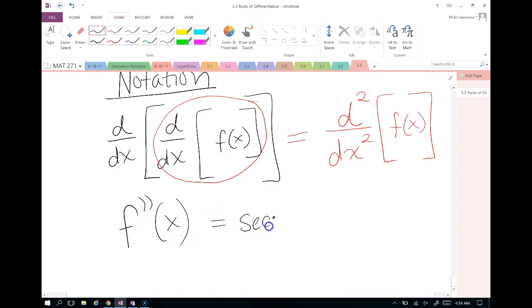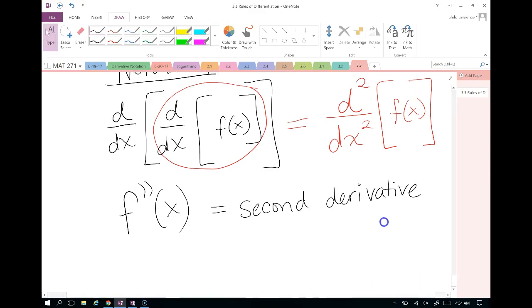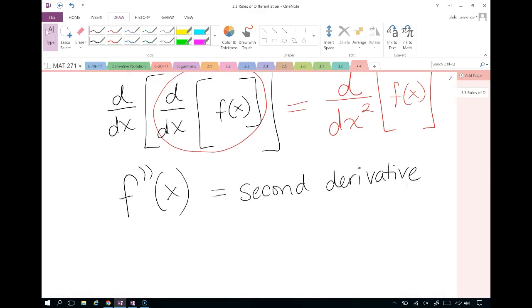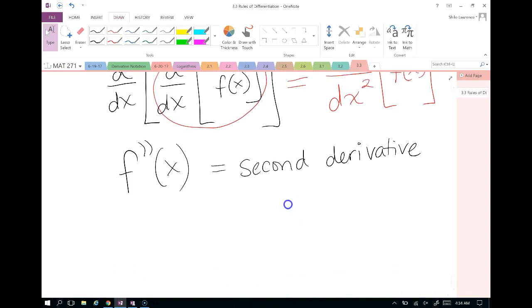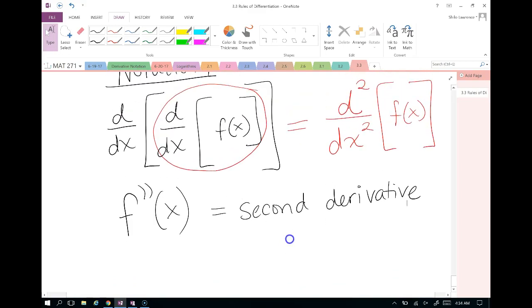That would be our second derivative. For third derivative, we would just have 3's here, and we could do 3 apostrophes.